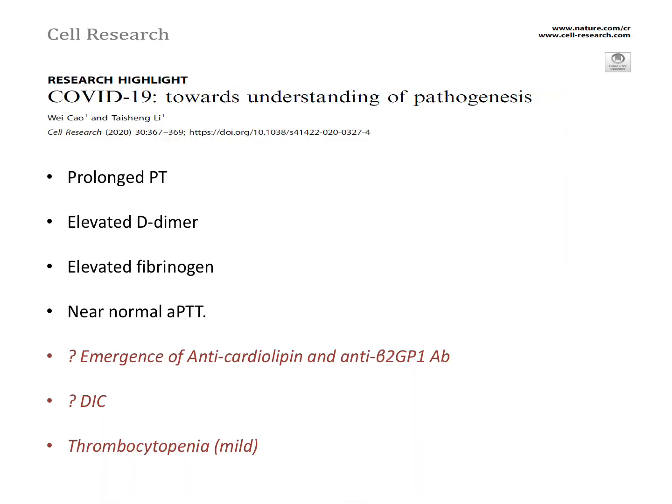Looking at the blood tests, there was evidence of a prolonged PT, elevated D-dimer, and elevated fibrinogen. The APTT is slightly prolonged. There are some case reports also about antiphospholipid syndrome, but very small case reports.